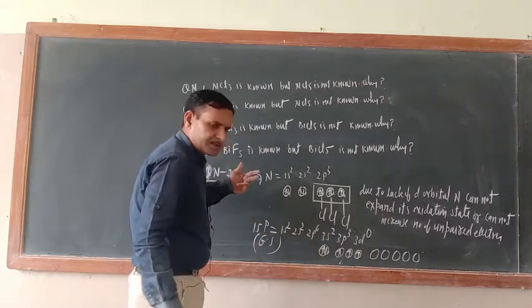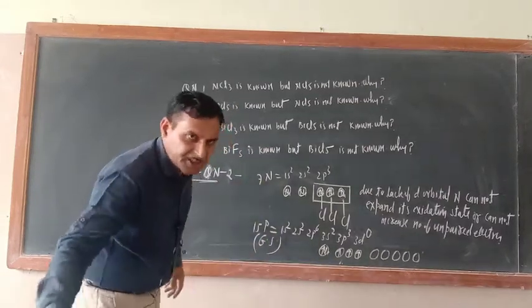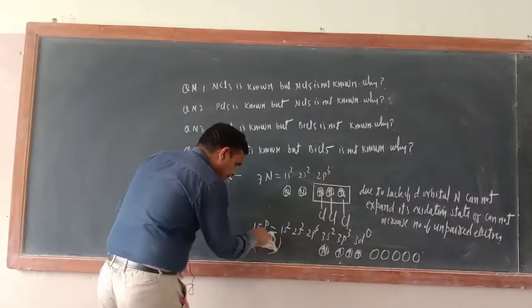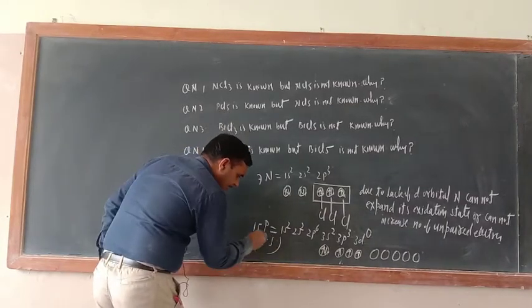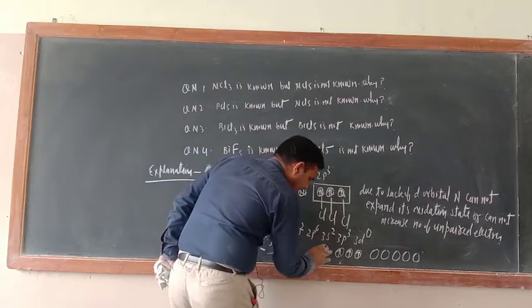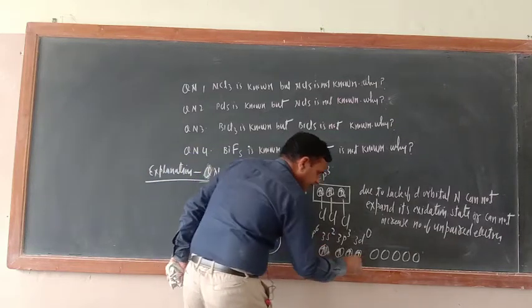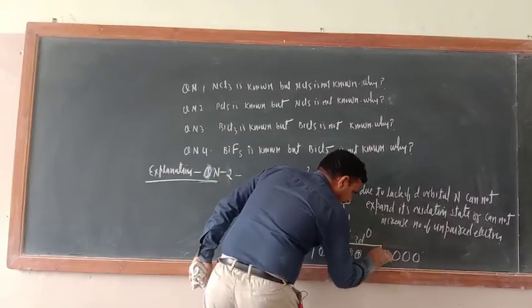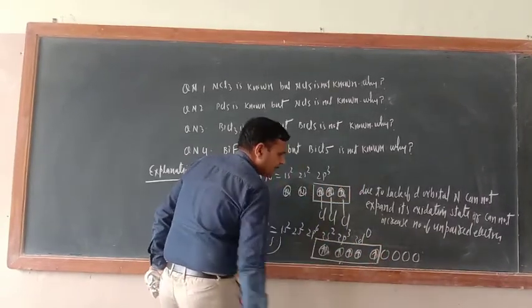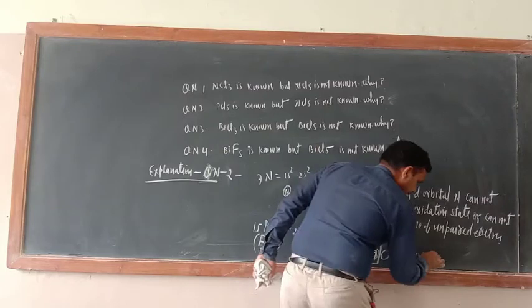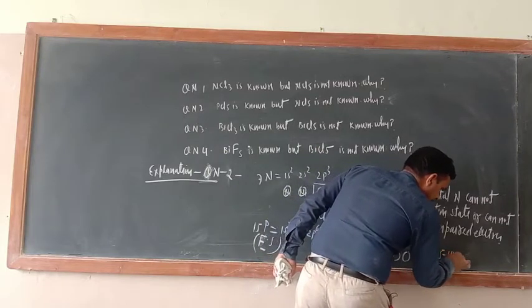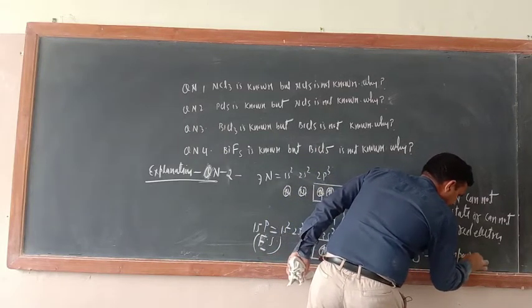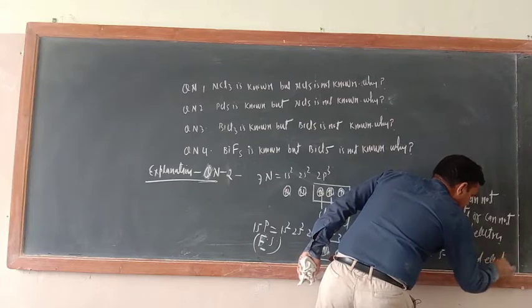But now suppose this is the excited state. So when the excited state is there, one 3s electron will jump and come to the d orbital. Now how many unpaired electrons are there? 5 unpaired electrons.